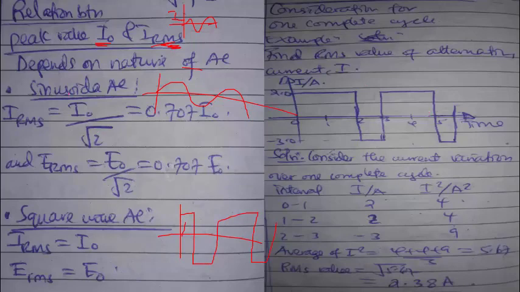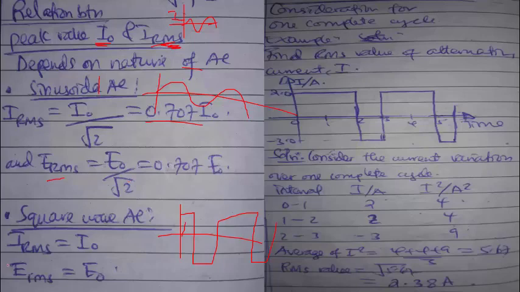So for the sinusoidal alternating current, they are related this way: I RMS, the root mean square current, is equal to the peak current divided by the square root of 2. The same as E root mean square voltage is equal to peak voltage divided by the square root of 2.